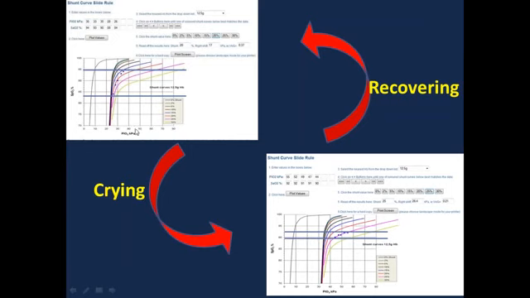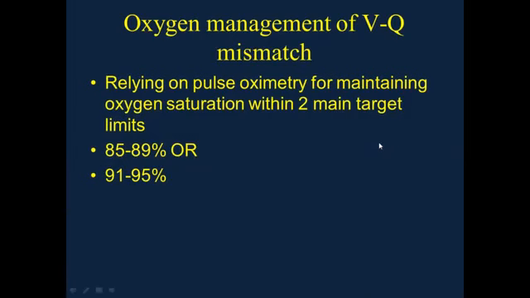Before, he was requiring about 35%. After recovery, he may improve back, but you need to wean him. Even if he stayed within target saturation, you need to wean him down. So you need to adjust that.